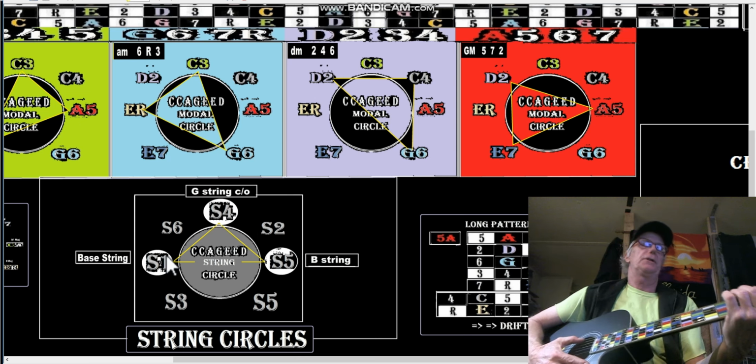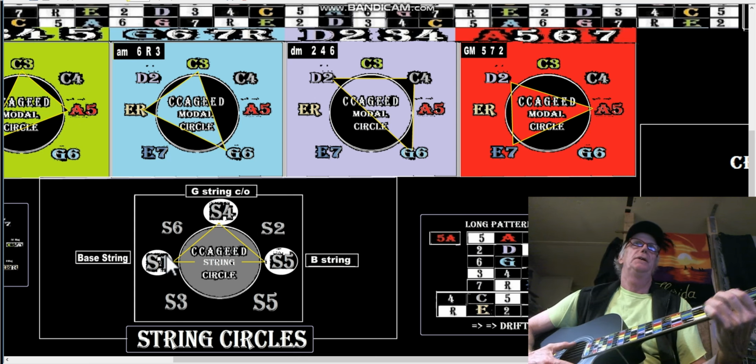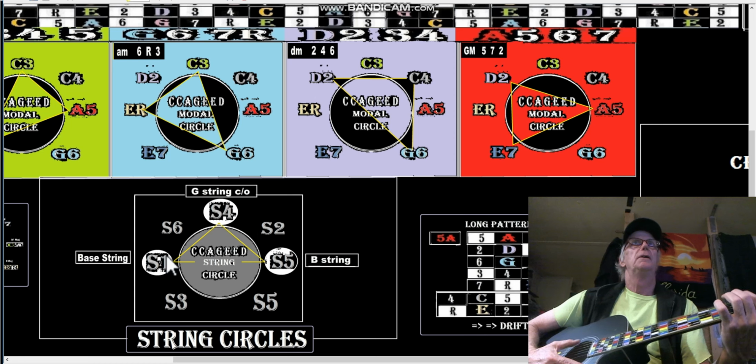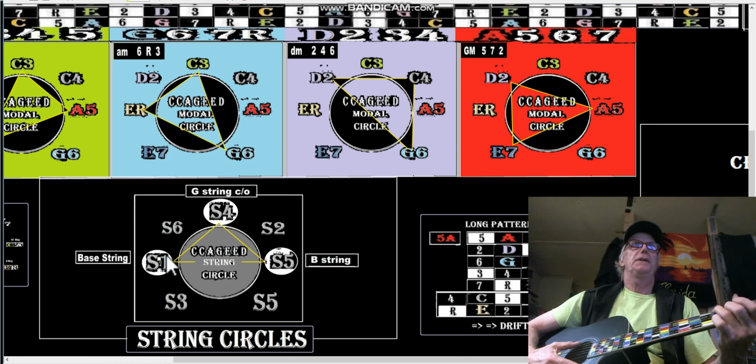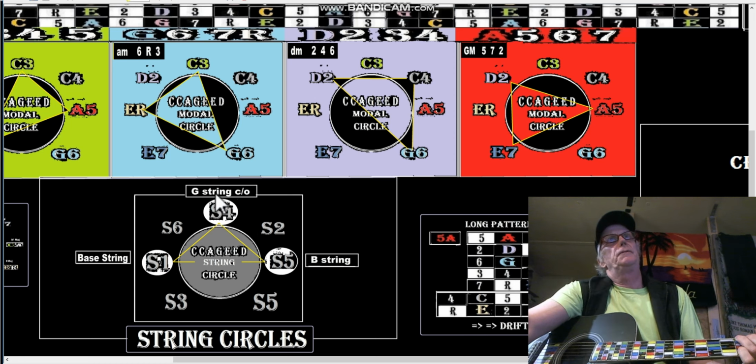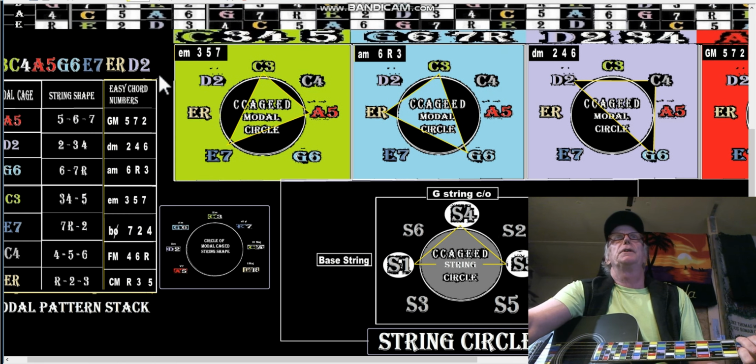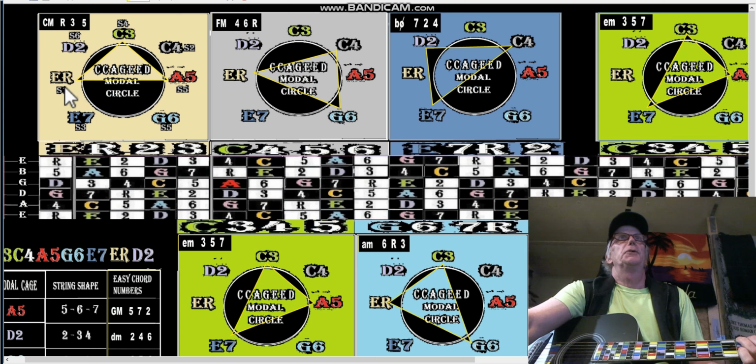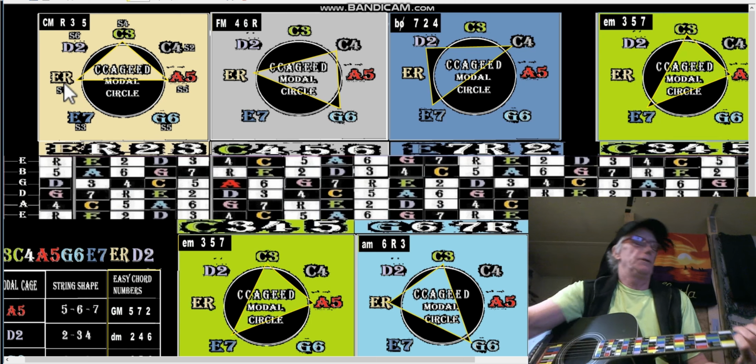So let's just say we start on root 2, 3 here, on S1. S4, we'll have the G string cut out, and then you just match it up here. So if we started on here, would be 1, 2, 3 here.